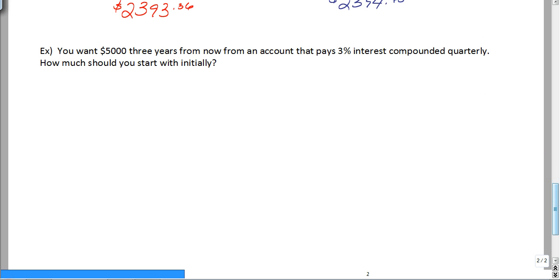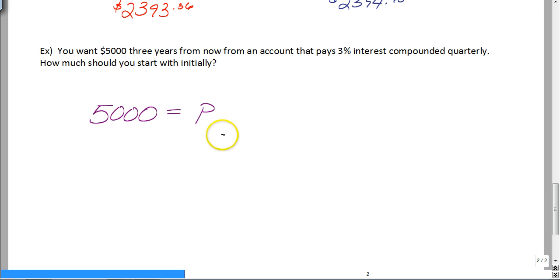So last question of the notes is, you want $5,000 3 years from now in an account that pays 3% interest compounded quarterly. How much do you need to invest? Well, this is just an algebra problem where you start with an equation where you want $5,000 at the end. So 5,000 is your total amount of money in the bank.